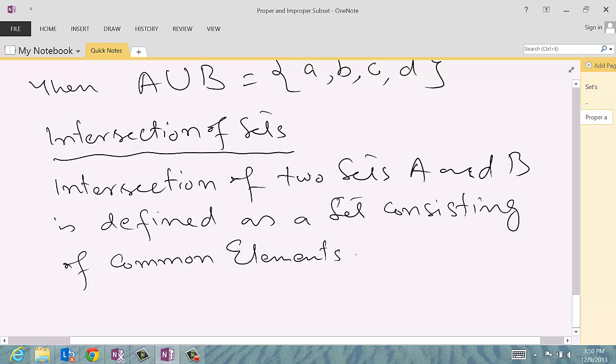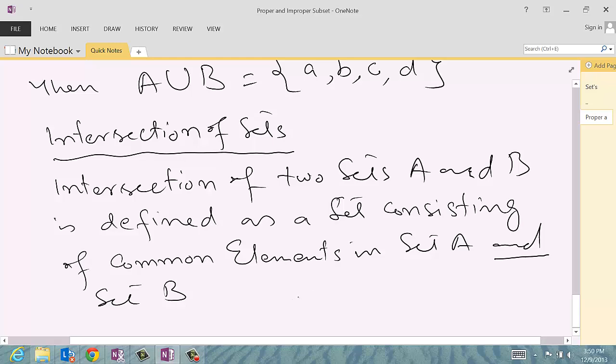Common elements in set A and set B. Notice that in union we use the word or, but in intersection we use the word and.